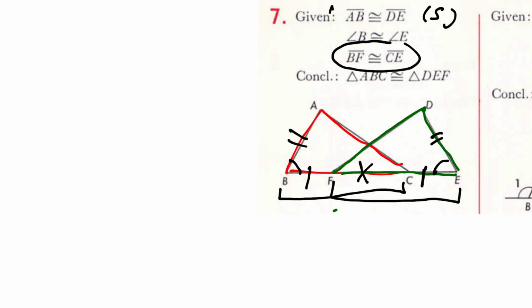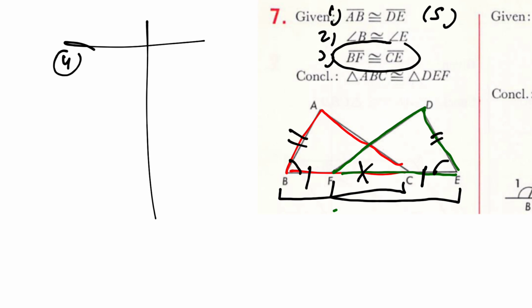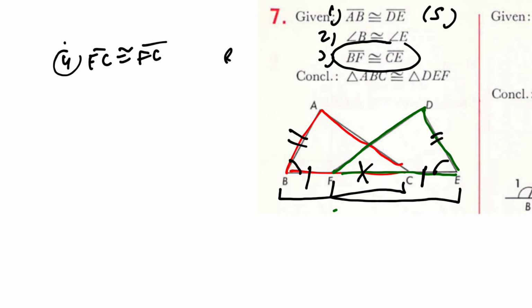So if this is step 1, step 2, step 3 for given, the fourth statement, I think I need, let's see how much room I need to say this. So we're going to say that FC is congruent to FC by reflexive, which now lets me put these together.